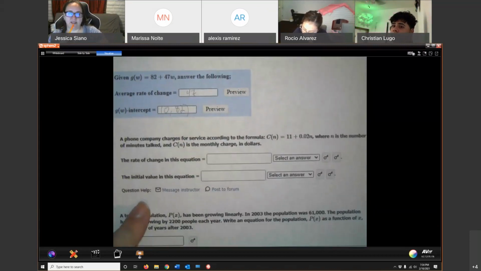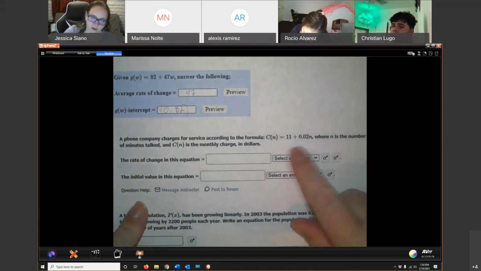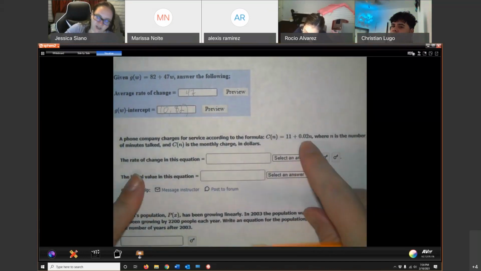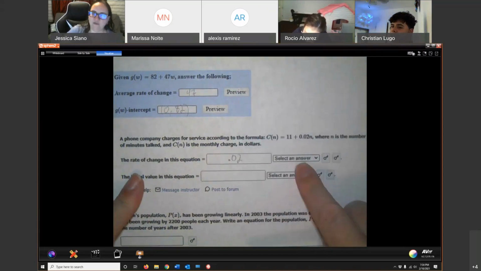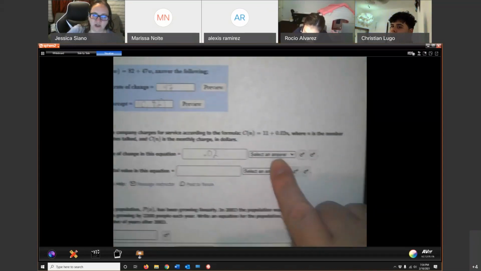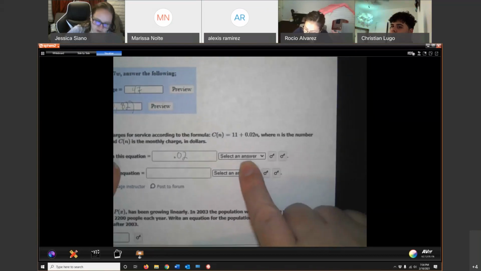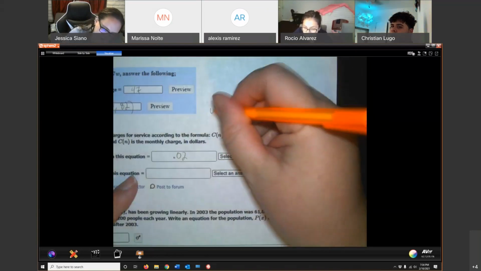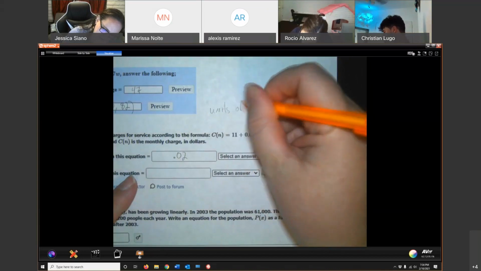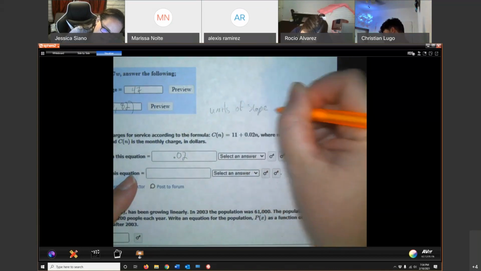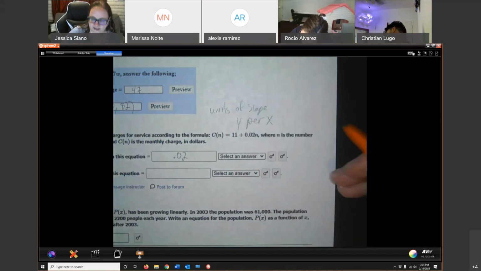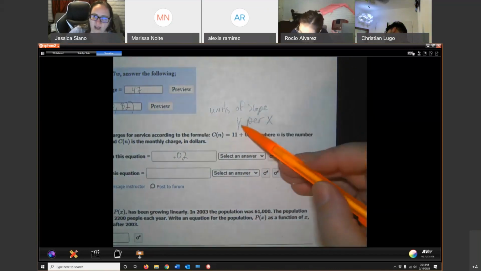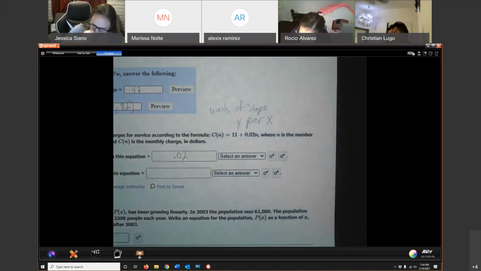All right, and so for this next one, if this is my equation, then my rate of change is 0.02. And then this is asking me for the units of my rate of change. So make a note for yourself that units of slope are always y per x, or 1 y for each x.